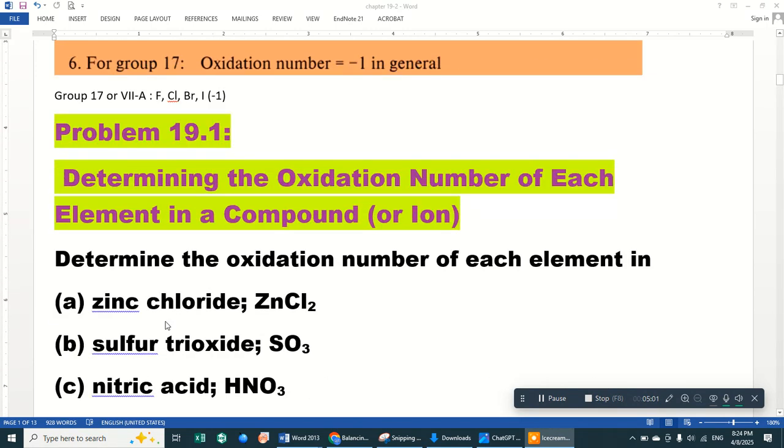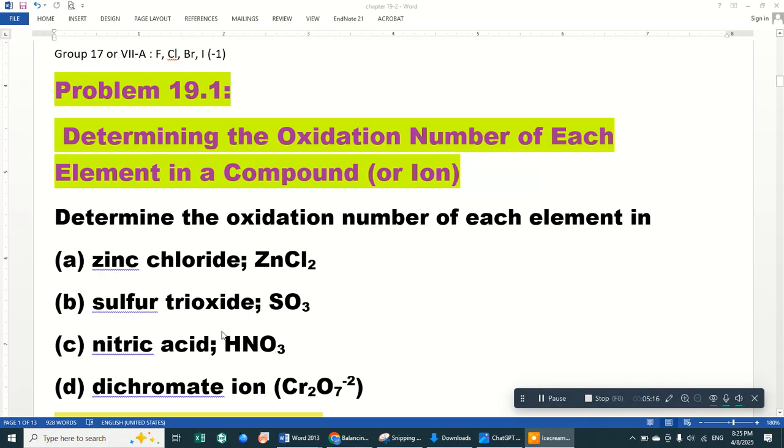Next, if you remember all the oxidation states, you can find out the oxidation state of an unknown element in a compound, if you know the well-known oxidation states of elements such as alkali metals, alkaline earth metals, halogens, oxygen, etc. For example, zinc chloride.